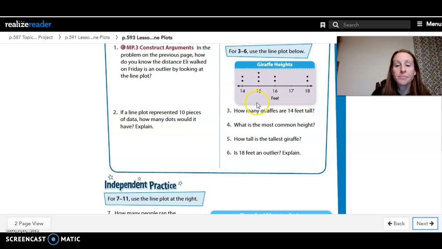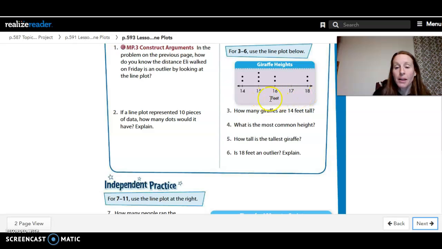So if I ask the question, how many giraffes did they measure? Well, I just have to count the dots. I wonder if that's one of the questions. It is not. So 1, 2, 3, 4, 5, 6, 7, 8, 9. It looks like they measured 9 giraffes. Maybe they have 9 giraffes at the zoo. 9 giraffes were measured.